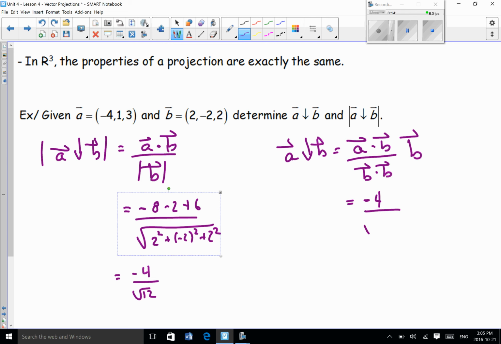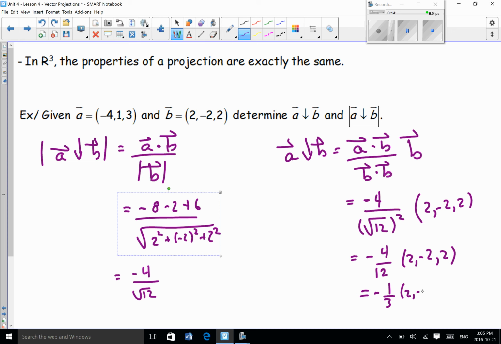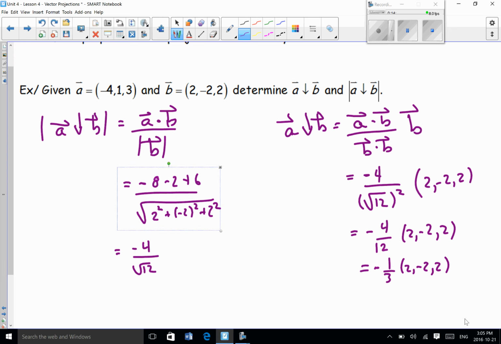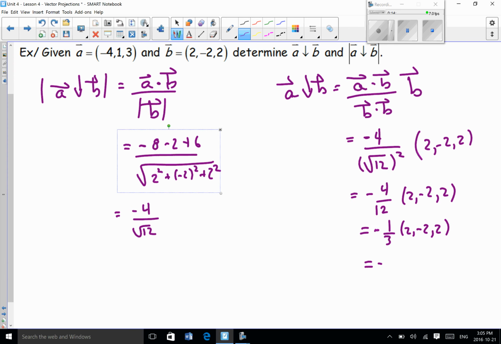We know the magnitude of B is root 12, so if we square that, we get root 12 squared. And the direction of B we know is 2, negative 2, and 2. So we end up with negative 4 twelfths times 2, negative 2, and 2. And if we simplify that, negative 1 third, 2, negative 2, and 2. And if we expand those brackets, we end up with negative 2 thirds, 2 thirds, and negative 2 thirds. And there's your vector projection.